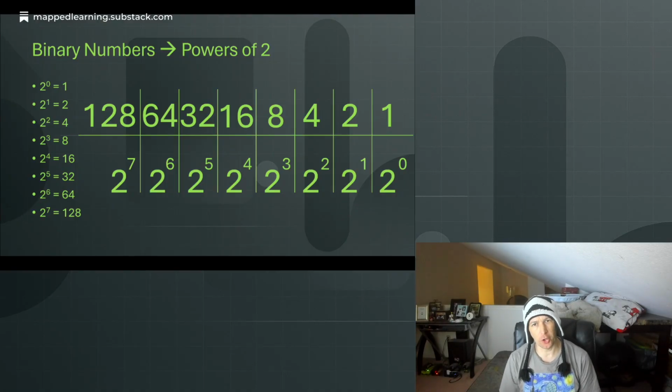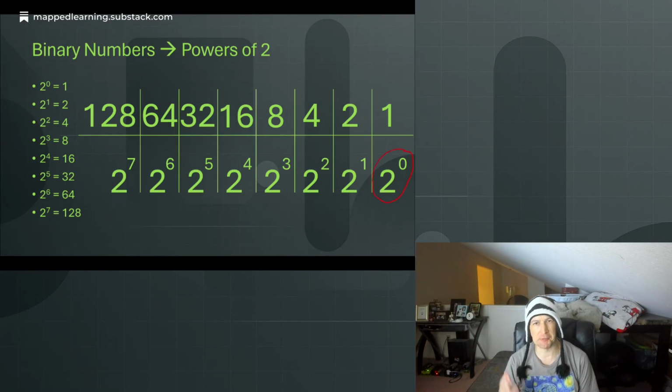So we start all the way at the right. In the English language and other languages, we move from left to right. In this case, we start at the far right and move left. So at the very right of the binary scale, we have 2 to the 0 power.